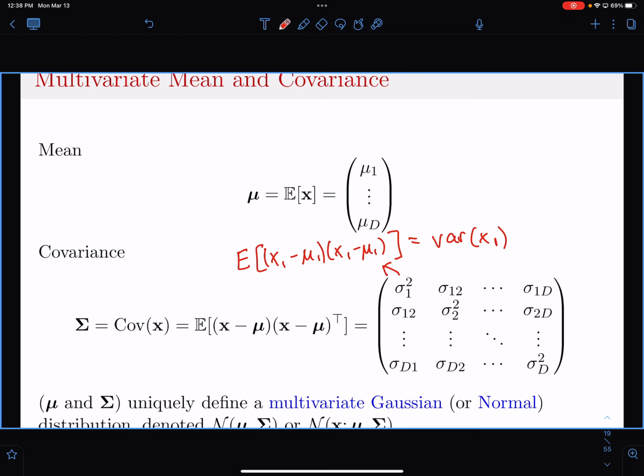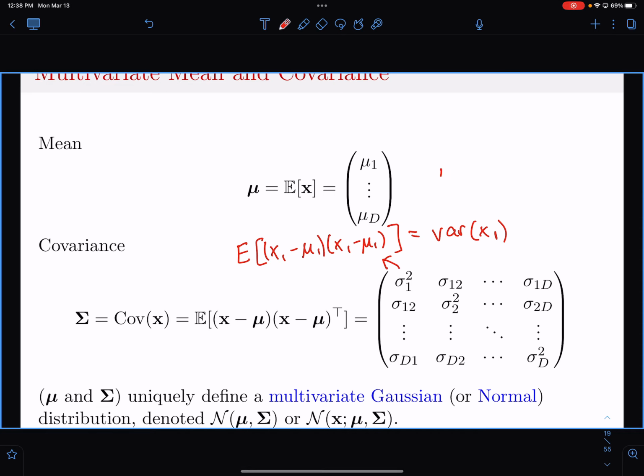Now we have a covariance matrix because we have to express how each of the random variables affects the other random variables. In general, we have the expected value of x sub i minus mu i times x sub j minus mu j, and this is the covariance between xi and xj.